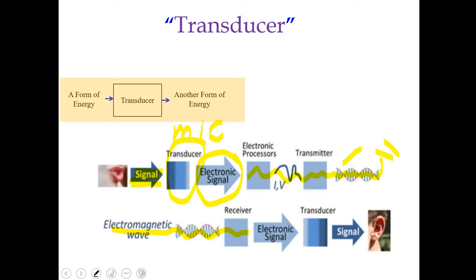Then, using another kind of transducer, the received electrical signal is converted into another signal that we can hear: air compression and decompression. This transducer at the receiver side is the speaker. So this is the transducer.